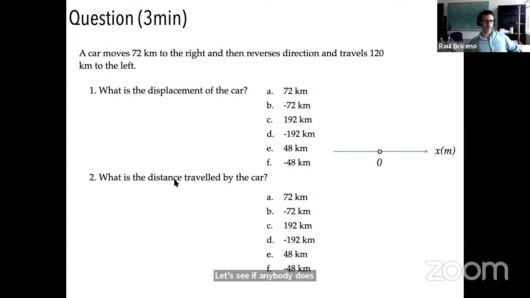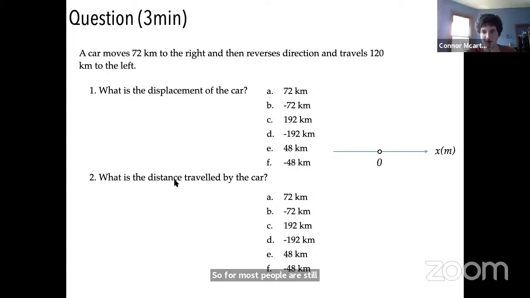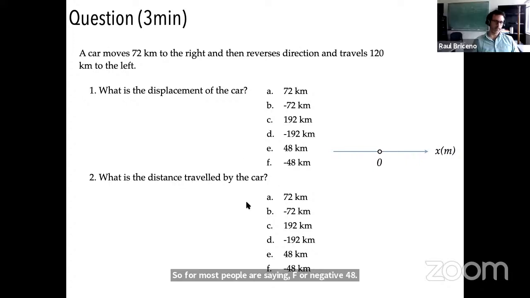I got some questions for you, so you're welcome to answer them in the chat. So I see most people are saying -48. All right, for the first one, very good. What about the distance?